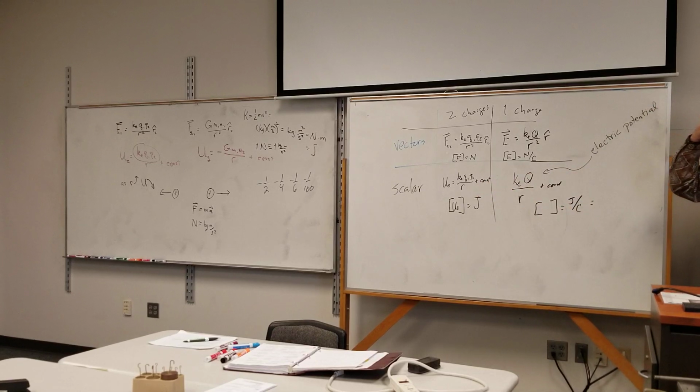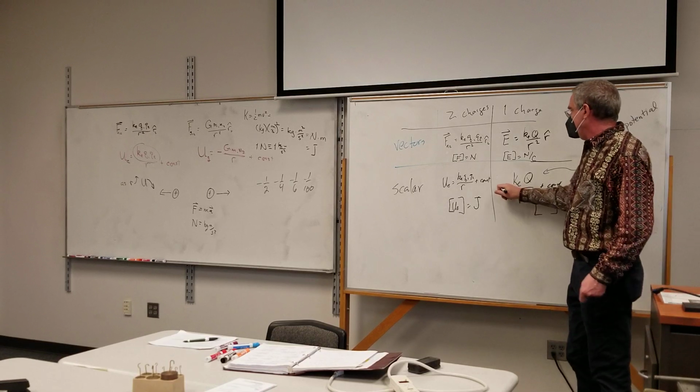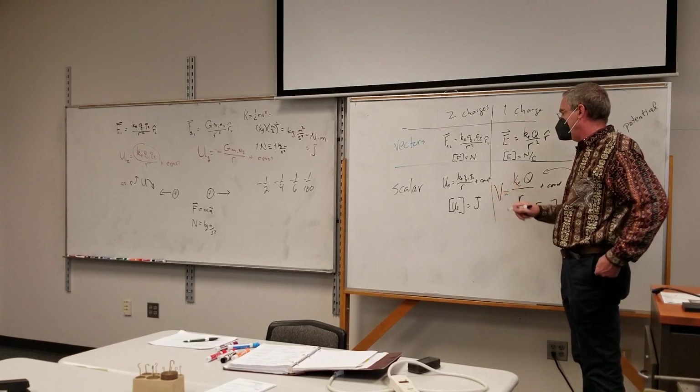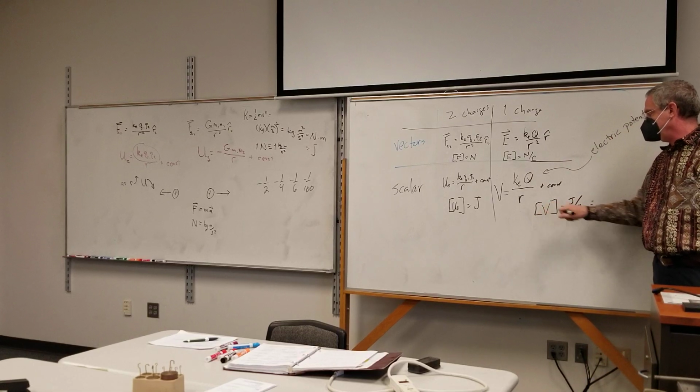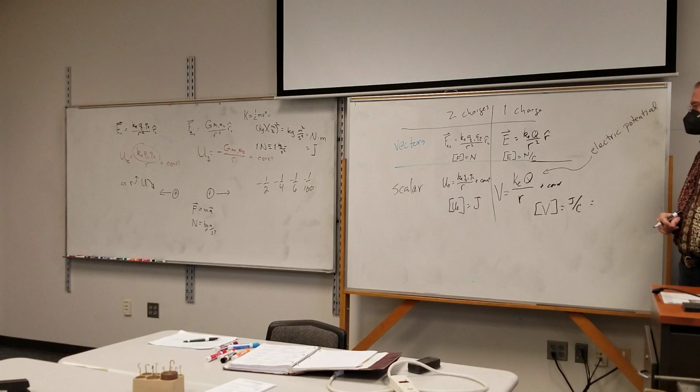The symbol for electric potential is a capital V. The unit for electric potential is the volt, which has a symbol of capital V. I do want to point out, I have not defined voltage.